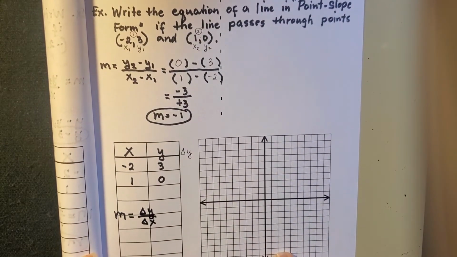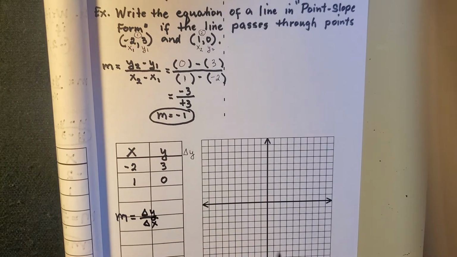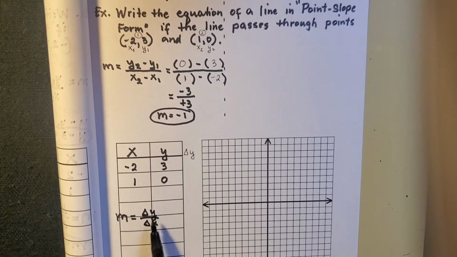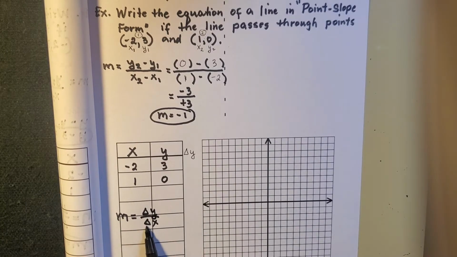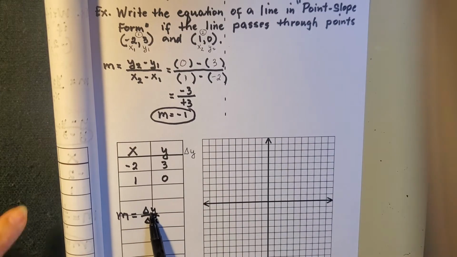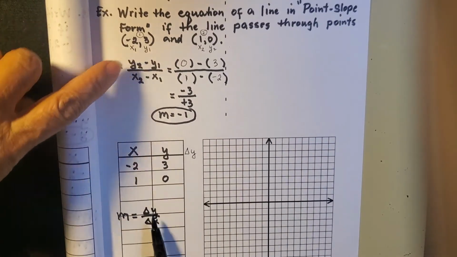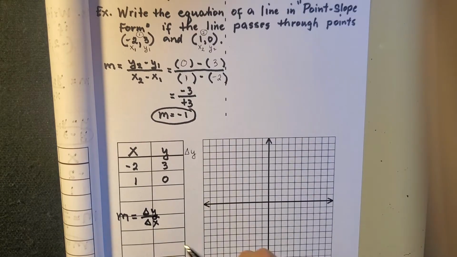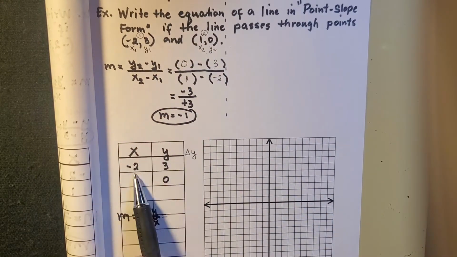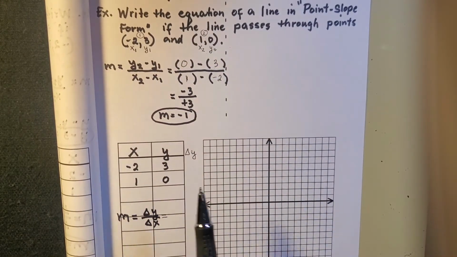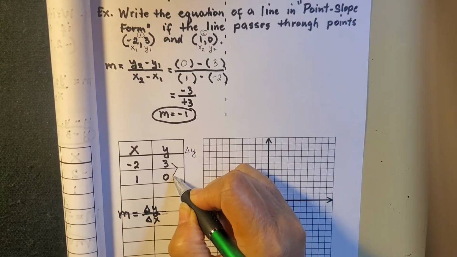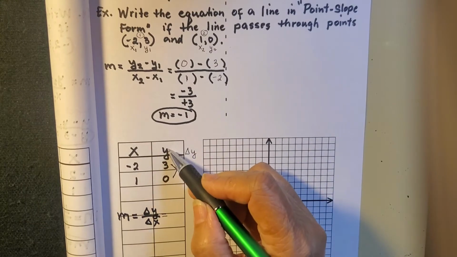Okay, I'm going to move it. So I said change, this little triangle means change in y, or delta y, over change in x, or delta x. When I change, I subtract. This simply means you subtract y2 minus y1. Okay, so if I arrange these points in a table, I can organize my thoughts, and all I have to do is subtract the y values here.